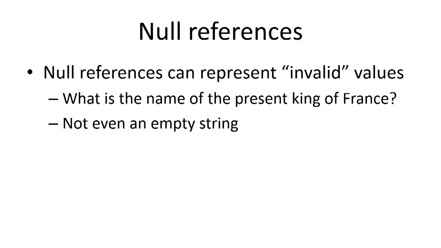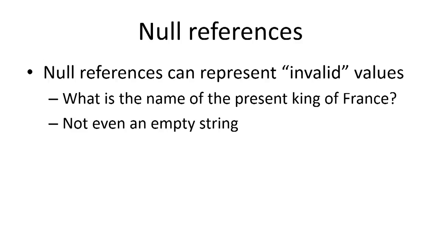So to start with a brief refresher, you know that there's a difference between value types and reference types, and that there's a null reference. The null reference can be used to represent an invalid value. So you might say, well, what is the name of the present king of France? Well, France doesn't have a king. So you might think, well, maybe it's the empty string, right?